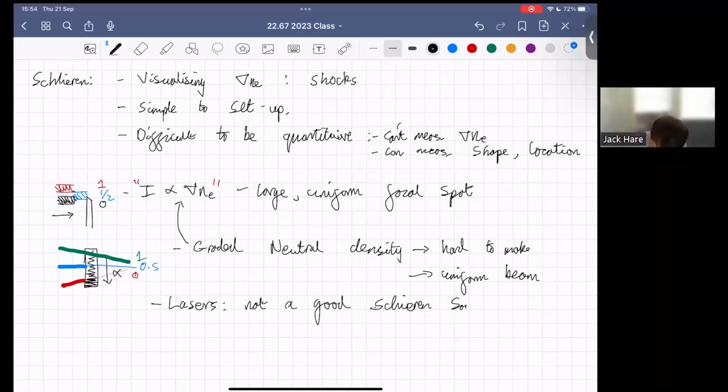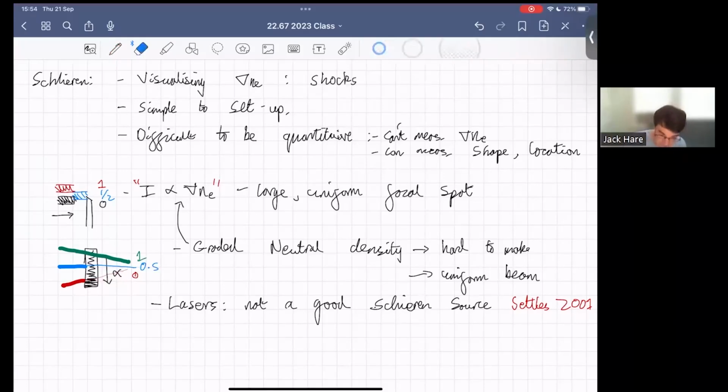If you want to read in more detail why lasers are actually a really bad idea, you should go read the book that's listed in the bibliography by Settles, which is an absolutely cracking book, has lots of lovely pictures like the ones which were just posted in the chat, and also a very detailed description of this stuff. But can anyone tell me, if lasers aren't very good, why do we end up using lasers as the light source for Schlieren imaging in plasma physics?